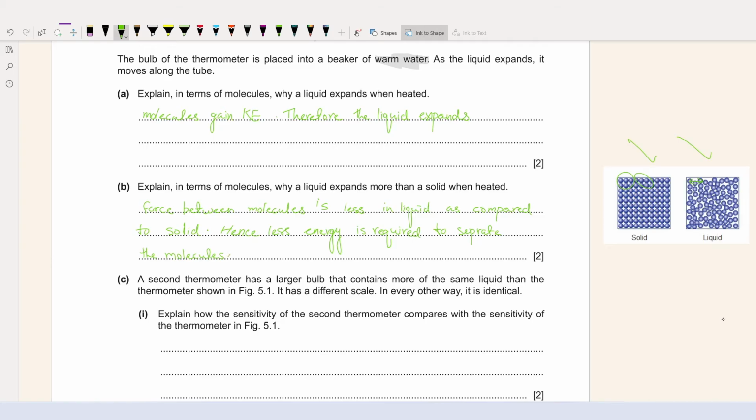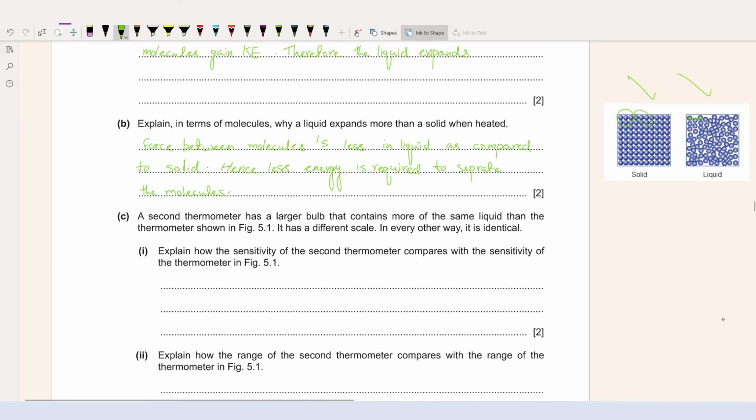Part C says a second thermometer has a large bulb that contains more of the same liquid than the thermometer shown in figure 5.1. It has a different scale. In every other way, it's identical. Explain how the sensitivity of the second thermometer compares with the sensitivity of the thermometer in figure 5.1.